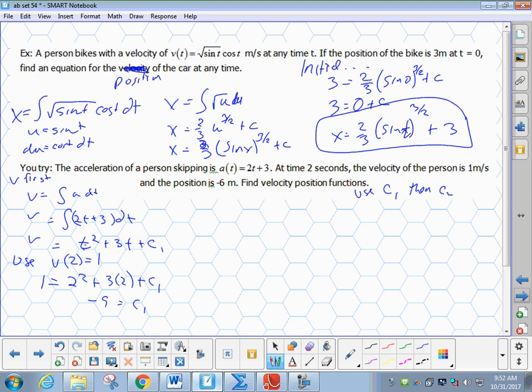Get -9 for your C1, and something like t squared plus 3t minus 9 for your velocity? If the answer is yes, then keep going. If it's not, stop there and fix your velocity.